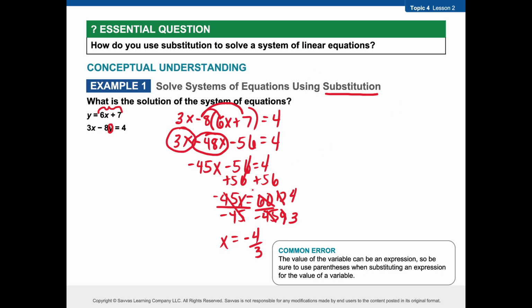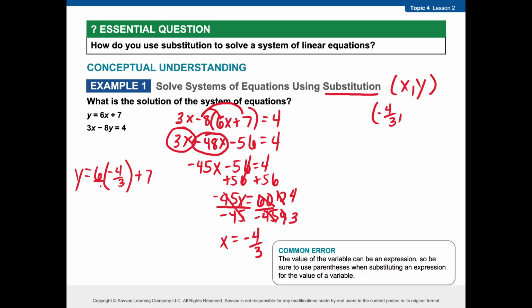If you're able to solve for a variable, then that means your answer will be written as an ordered pair. So x is our first coordinate. Then, in order to find y, you can substitute negative 4/3 into either equation. I'm going to go with the top one, that will be the easiest. 6 times a negative 4/3, add 7.